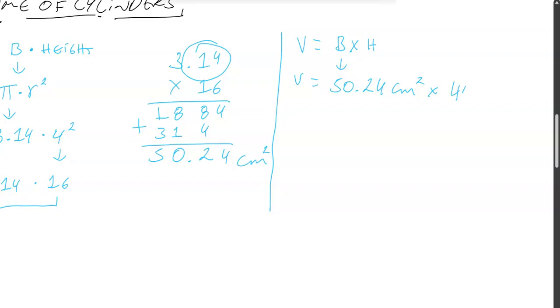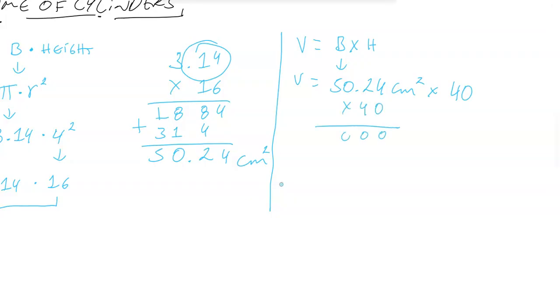So let's multiply that by 40. Anything multiplied by 0 is 0. And then 4 times 4 is 16. This is 8 plus 1, 9. This is 0. And this is 20. Let's add all this. 6. This is a 9. This is a 0. This is 0. This is 2. I have two decimals, so I'm going to move my point 2 spaces to the left.